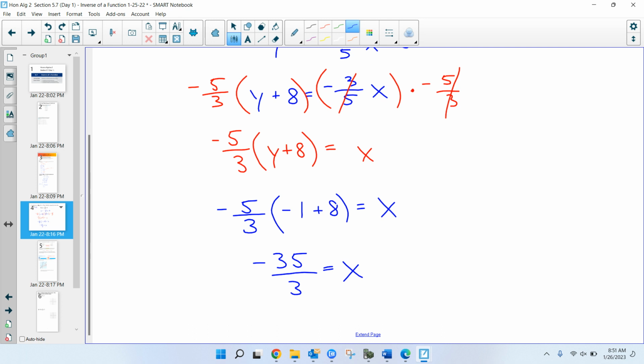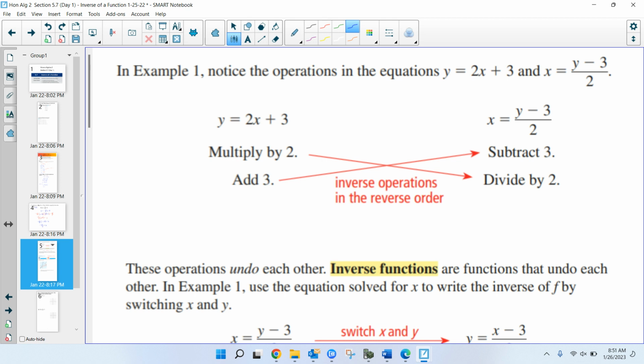All right. Now, this is getting us into the idea of what's called an inverse function, okay? Now, here's their little diagram. Order of operations, you'd multiply by 2, add 3 if you're going to plug in a value for x, right? Here, you're going to subtract 3, divide by 2.